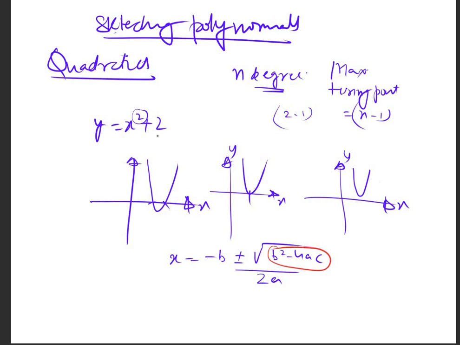Now, if I look at this quadratic here, my quadratic is x squared plus 2. So a value is 1, b value is 0, and c value is 2. Correct?